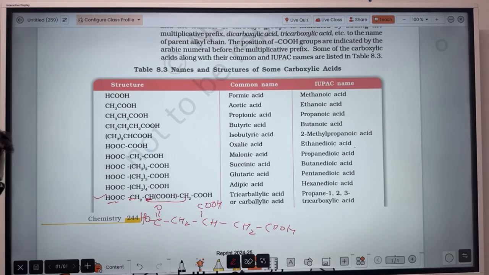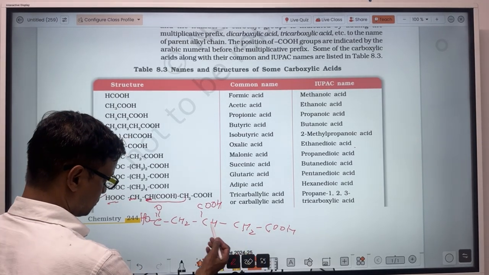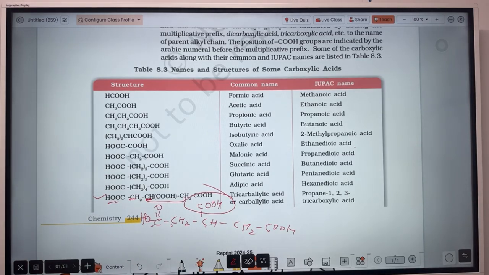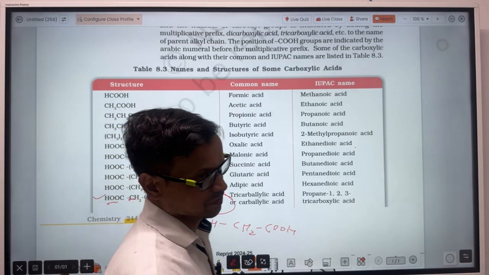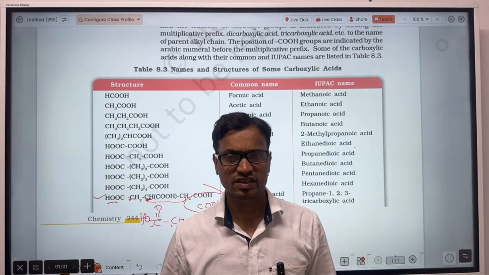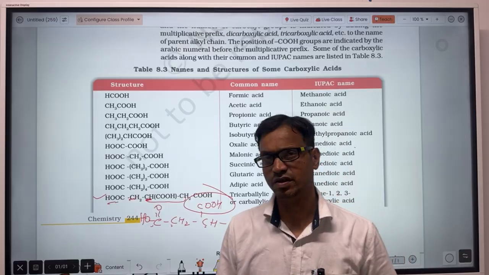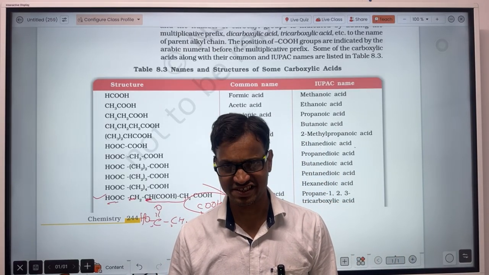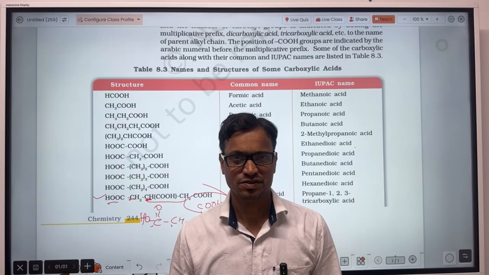Now, if we count here 1, 2, 3, 4, 5. So this COOH you cannot count in the main chain. These 3 functional groups in this molecule are 3 groups of the same functional group, so their seniority is the same.